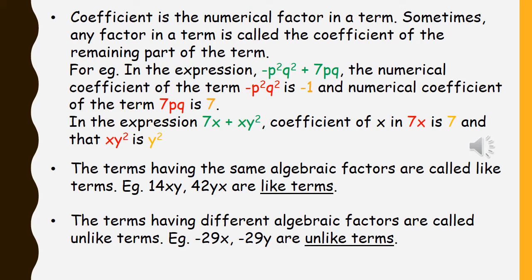The terms having different algebraic factors are called unlike terms, like minus 29x and minus 29y are unlike terms. Why? Because their numerical coefficient remaining same, minus 29x and minus 29y, but the literal coefficients x and y are different. So they are unlike terms.